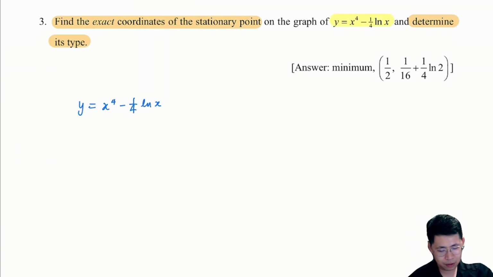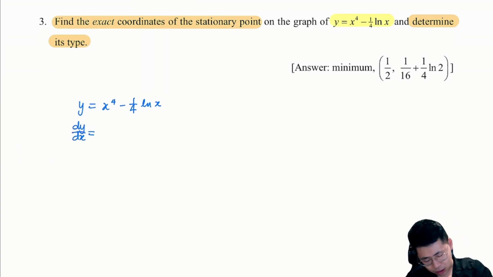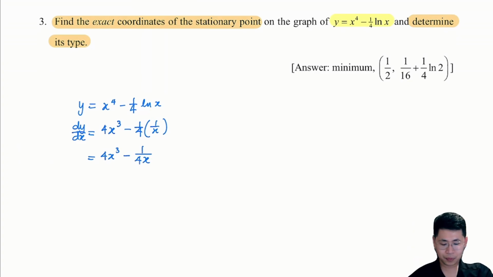Then, because we want to find the stationary point, we need to find the derivative. So dy/dx equals, bring the power down, power minus 1, minus 1 over 4. Differentiating ln x is just 1 over x. So combining them together, this is 4x cubed minus 1 over 4x. 4 and x you can multiply together at the denominator.